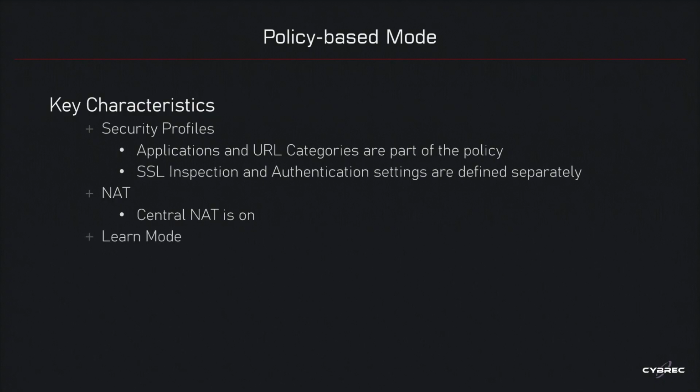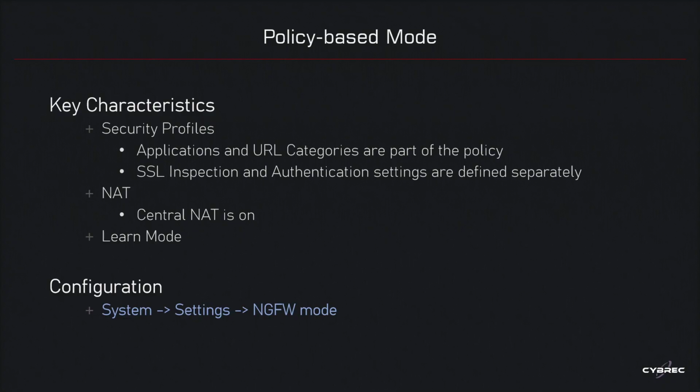Policy-based mode also supports what is known as learn mode, which is the ability to configure a policy rule to monitor the traffic without enforcing a policy, so we can just log and see what matches the policy rule.